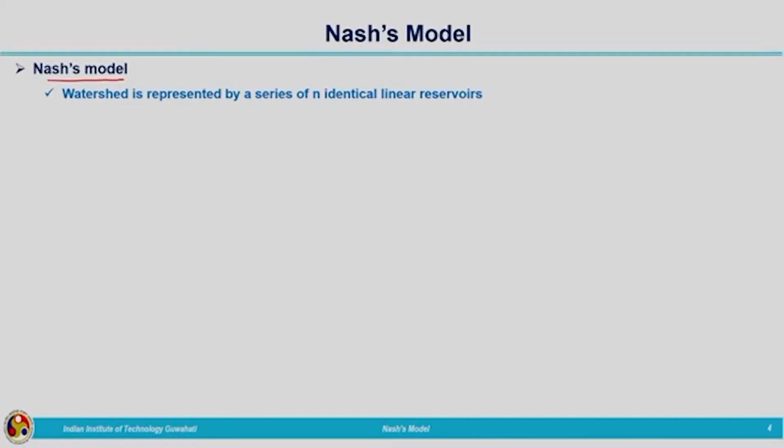According to Nash, the catchment is assumed as consisting of a series of n number of linear reservoirs. So, the watershed is represented by a series of n identical linear reservoirs, and outflow from one reservoir is the inflow into the next.